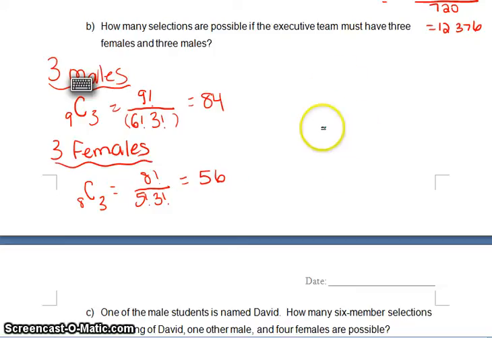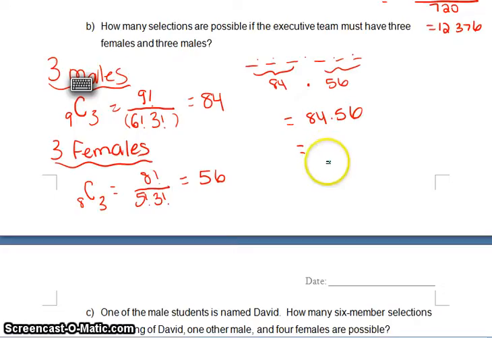Then from there, note this isn't a case question, so we're not adding these two together, we're going to multiply them. This goes back to the very first question we looked at with the menus in 11.1. So there's 3 for males and 3 for females. Remember how we multiplied each of those together? We found that this total was 84 and this total was 56, so we multiply those two numbers: 84 times 56.